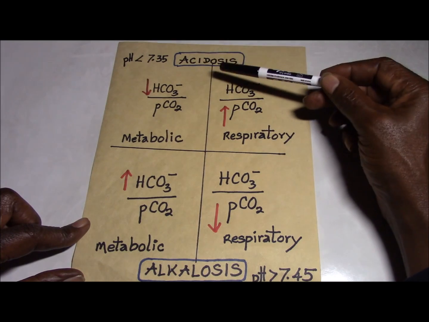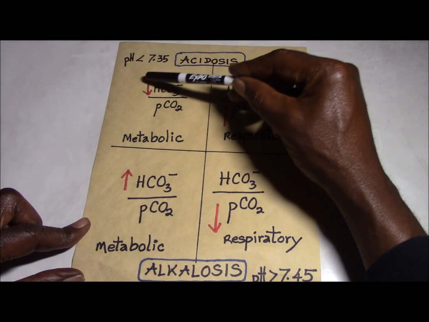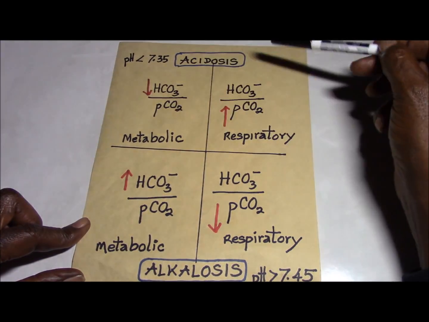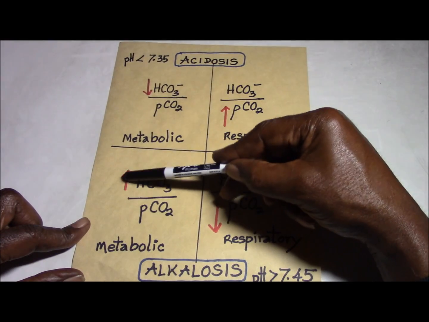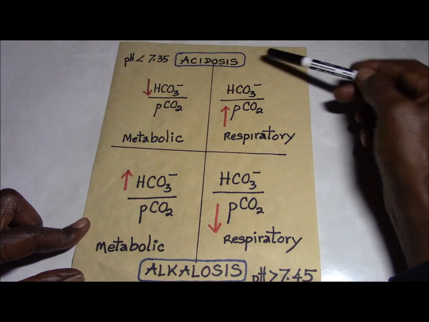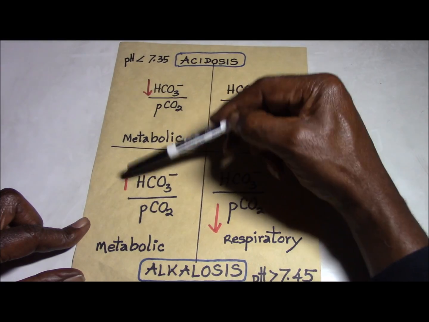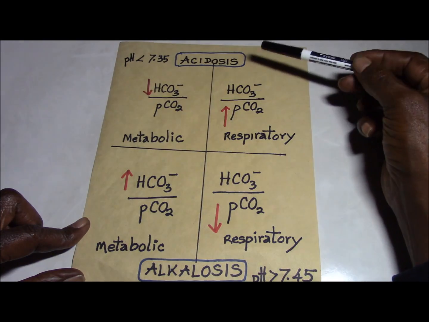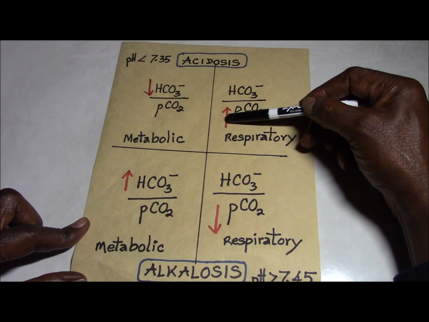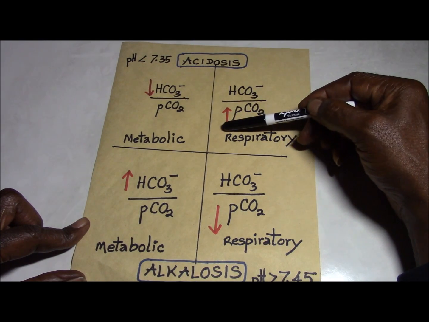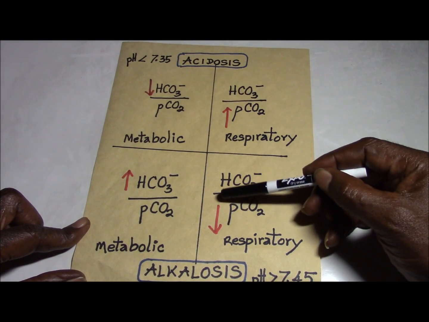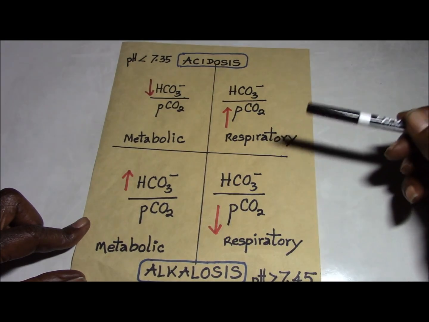Now take a look at this table. You see I have this arrow going down here, and then the other arrow is going in the opposite direction. So down here, up here. On this side of the table, you find this arrow going up and this one going down in the opposite direction.